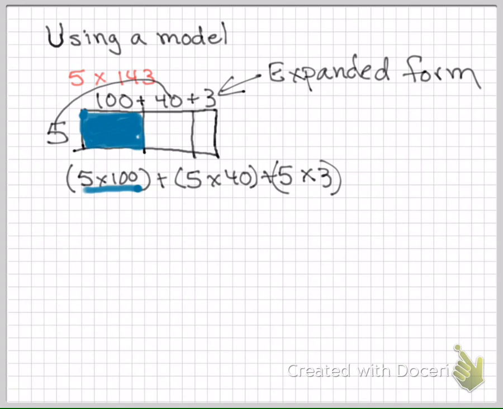Okay, now let me get another color. Oh, I'm in a purple mood. Let's use purple. 5 times 40 is the purple box. And now last but not least, let's go for a pink. The 5 times 3 is this little box right here.